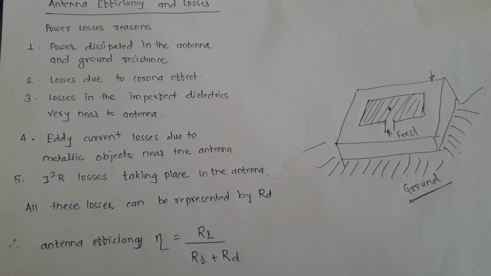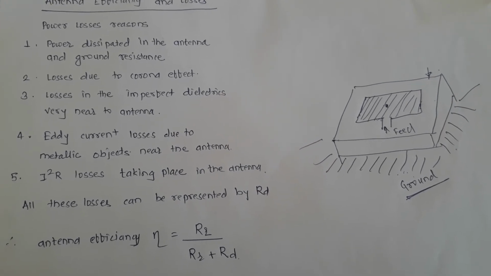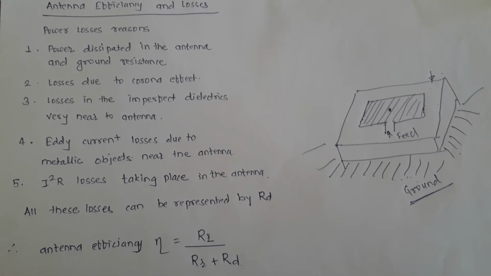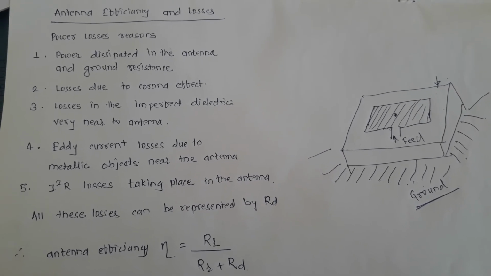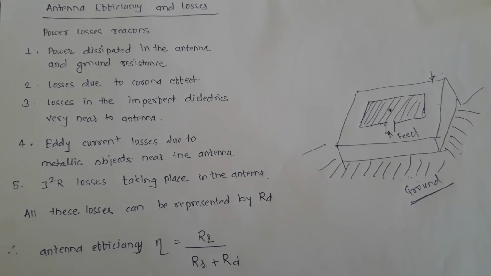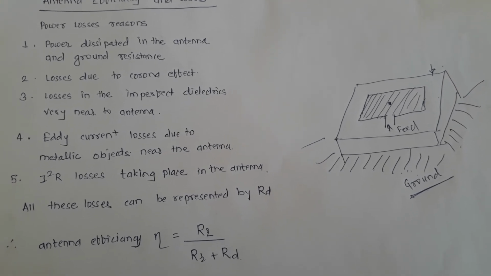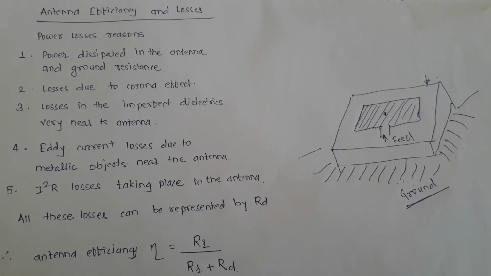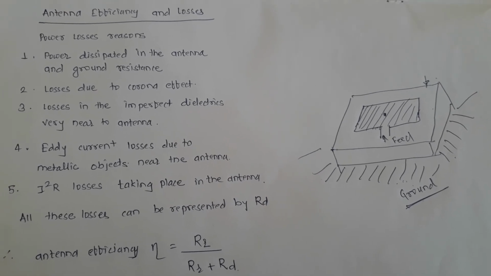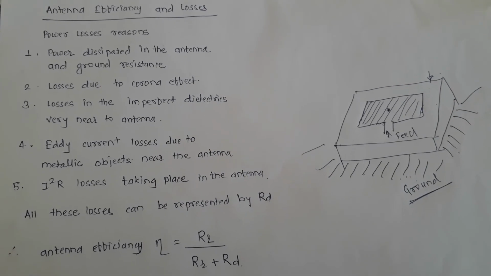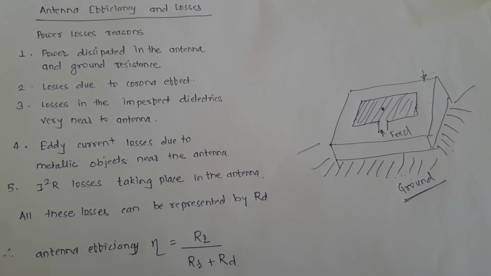Then eddy current losses due to metallic objects near the antenna also create power losses within the antenna. Then I square losses taking place within the antenna, all of which come into the calculation of the total resistance of the antenna.